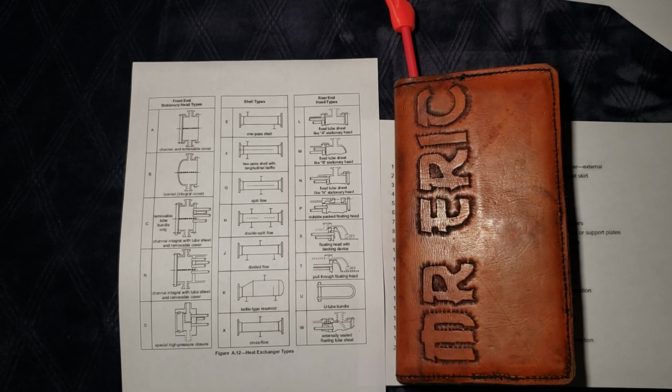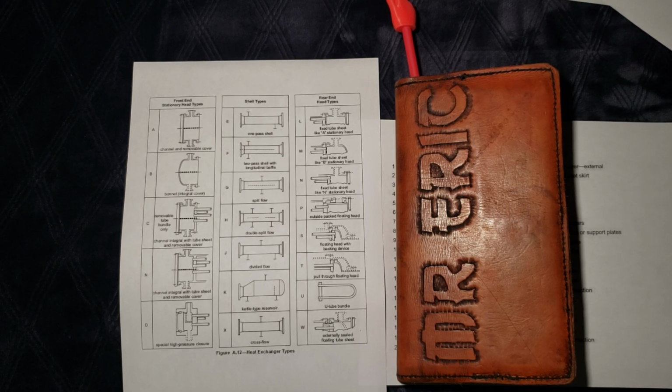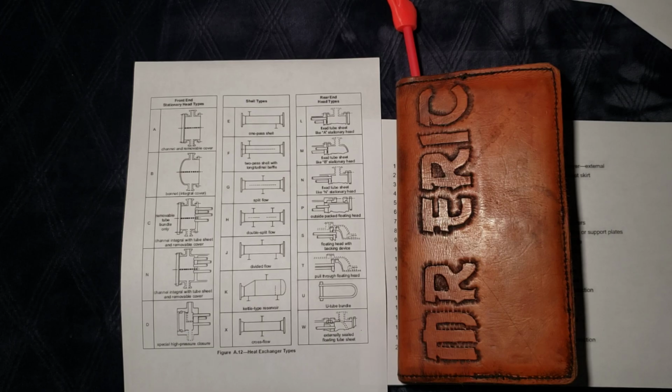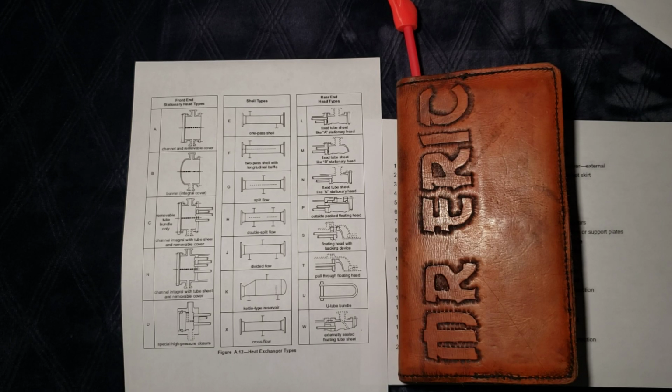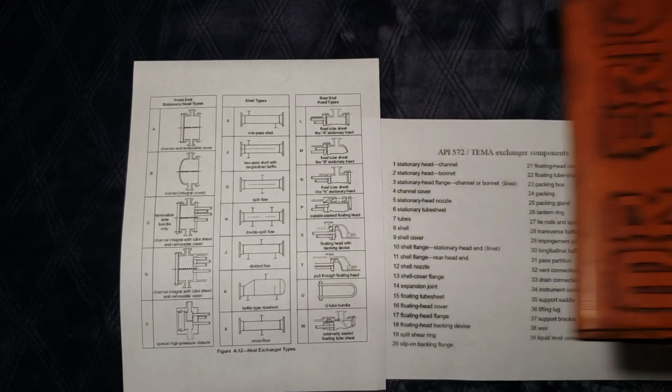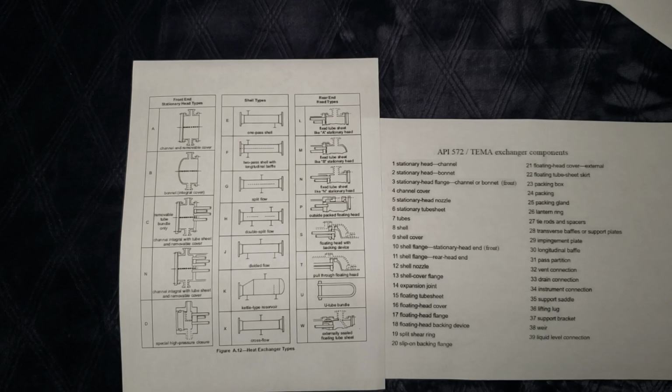I had a recent conversation through an email with a gentleman who was aspiring to be an API inspector, who lamented the difficulty of identifying different types of pressure vessels.